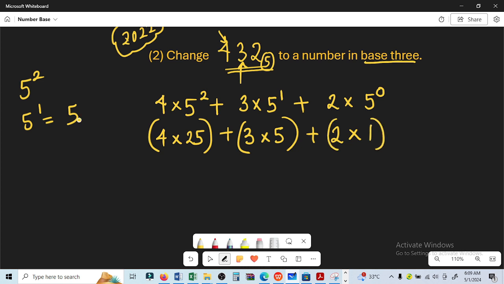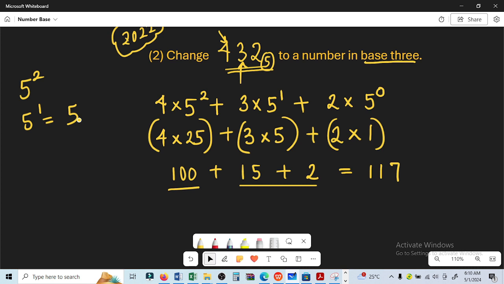Simple, right? So 4 times 25 is going to give us 100, plus 3 times 5 is going to give us 15, plus 2 times 1 gives us 2. Now if we add this, this is 17. 17 plus 100 gives us 117.